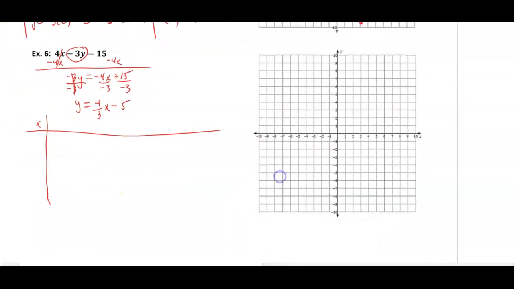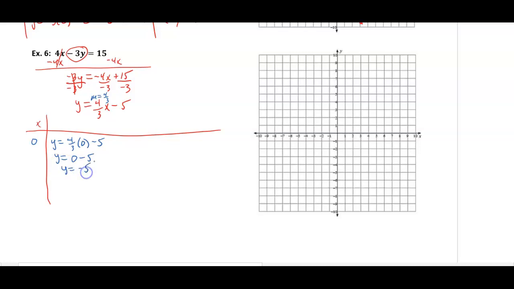Since my slope, well, m is 4/3, I'm going to start with 0. So y equals 4/3 times 0 minus 5. It's going to give me 0 minus 5, which is negative 5. So 0, negative 5.